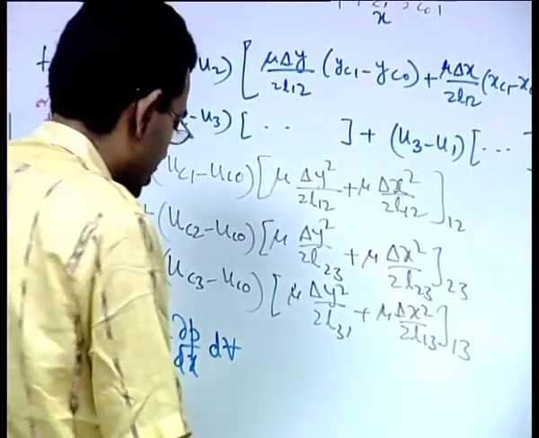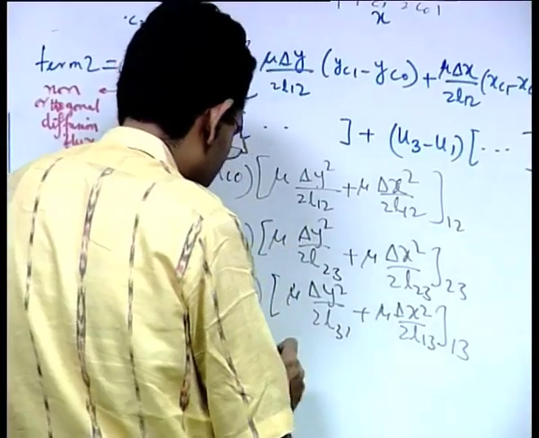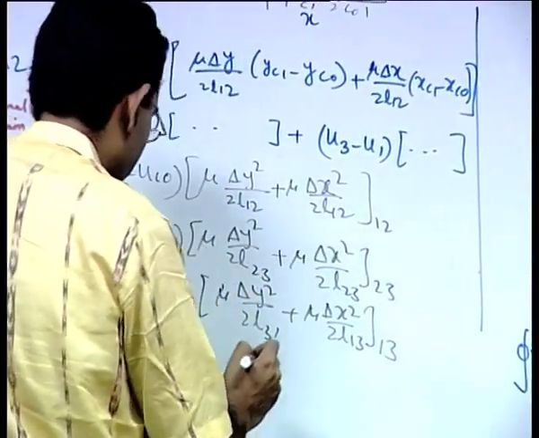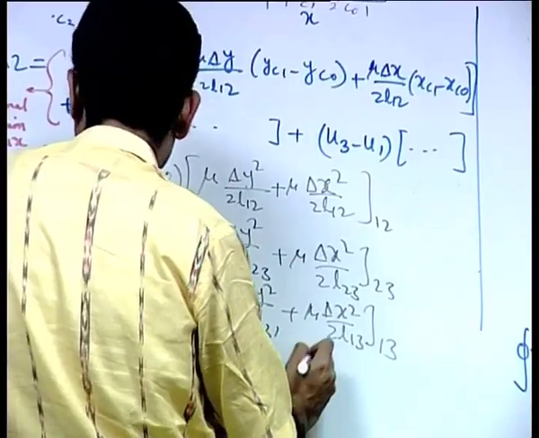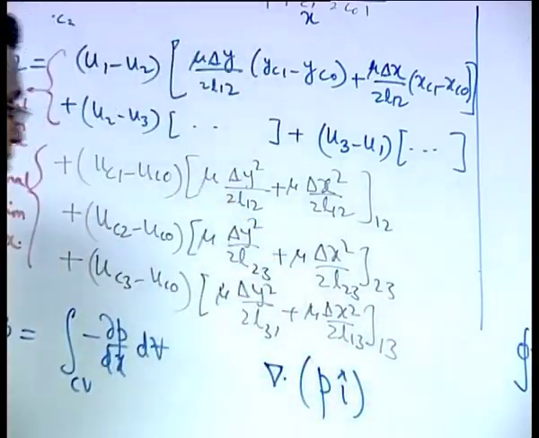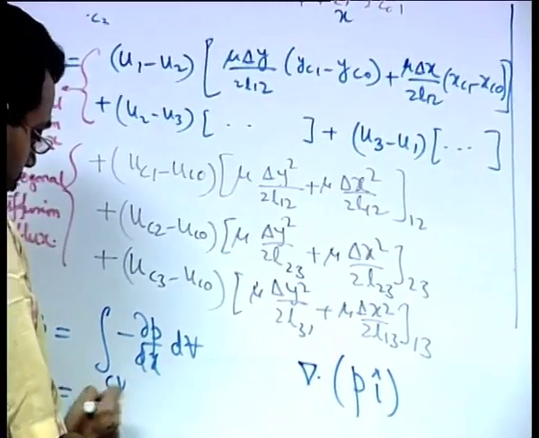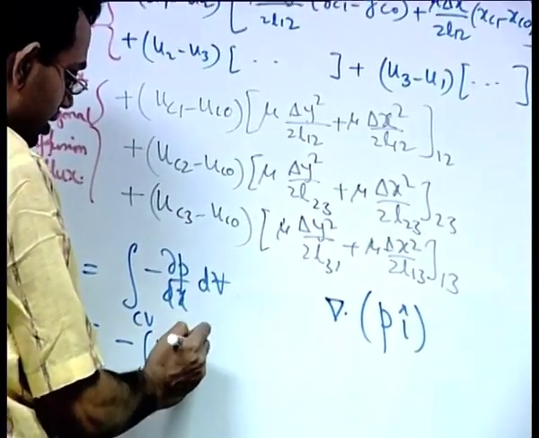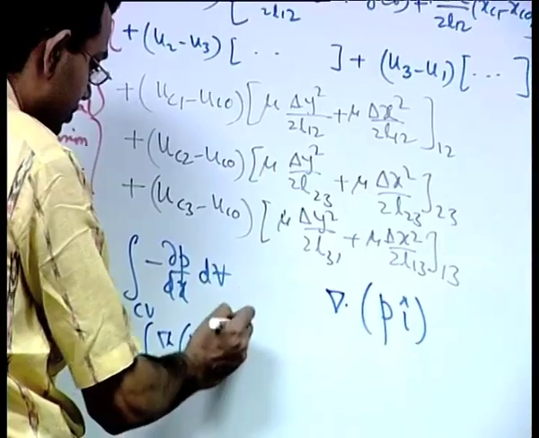We can write this as divergence of Pi, right. So we can write this as minus of divergence of Pi dV.